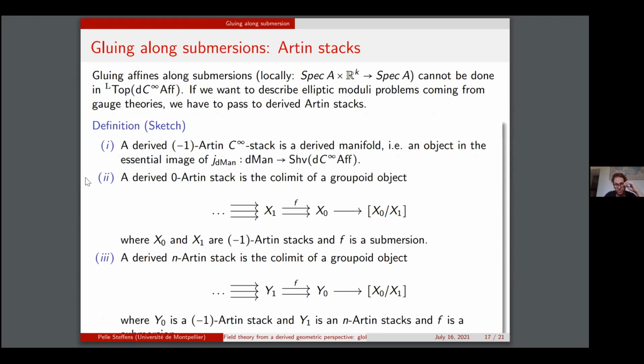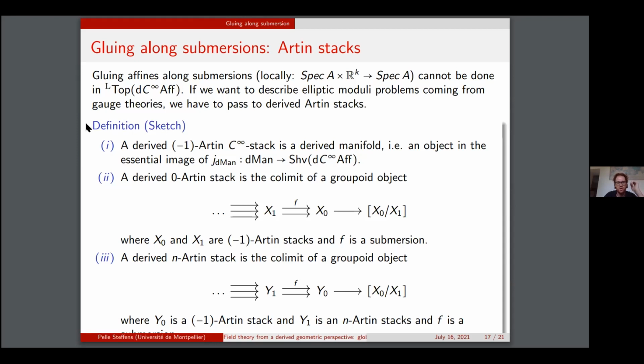If you want to glue along submersions, so locally you project away k smooth directions, then this category of locally ringed spaces does not suffice anymore, and we have to pass to Artin stacks. And this precisely happens when we want to do Seiberg-Witten theory, or consider moduli spaces of anti-self-dual connections, or Chern-Simons theory.